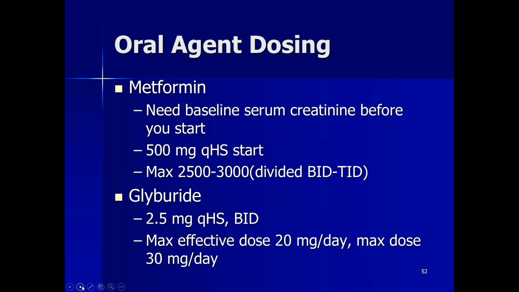With SMFM saying metformin can be used, ACOG and ADA very specifically saying insulin is your first-line agent. If you're going to start someone on metformin, you need a baseline serum creatinine before you start. There's the dose. There's your maximum effective dose. And again, glyburide is now considered an inferior agent to either metformin or insulin, but those are the doses that are there.